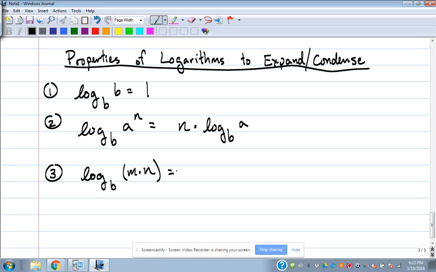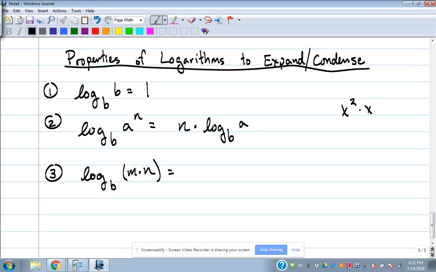Let's say you're taking the log of two things that are multiplied together. Think about logs in terms of what they are. They're exponents. Logs are exponents. If things are multiplied together with the same base, what's the rule for exponents? Like x squared times x cubed. What do you do with the exponents?